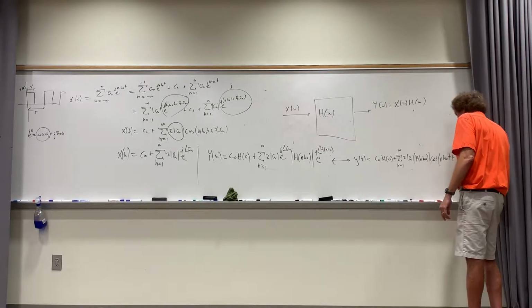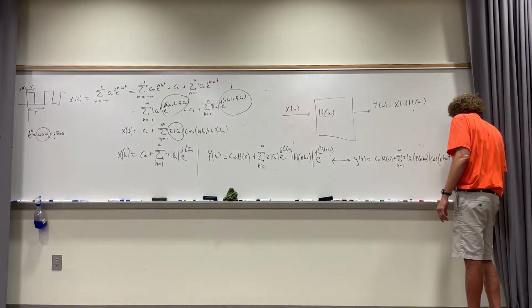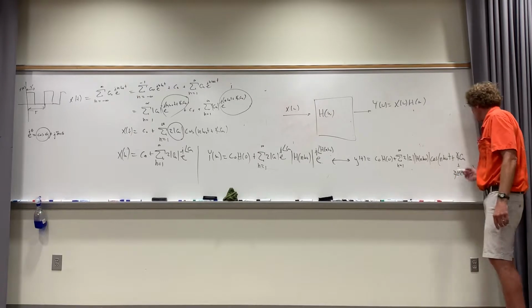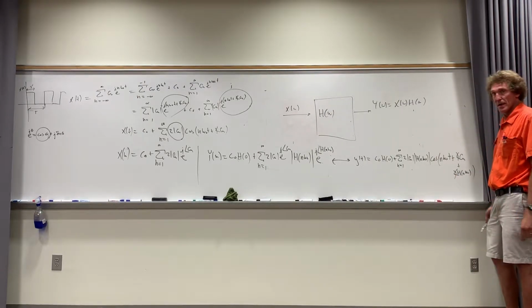So that changes with each value of n, but you have to add to this plus the phase angle of h of n omega naught. And I put these all in radians. And now you have the output.